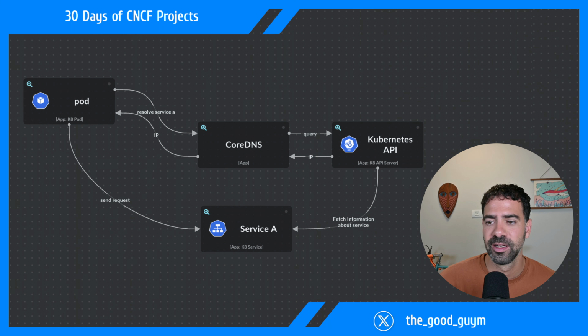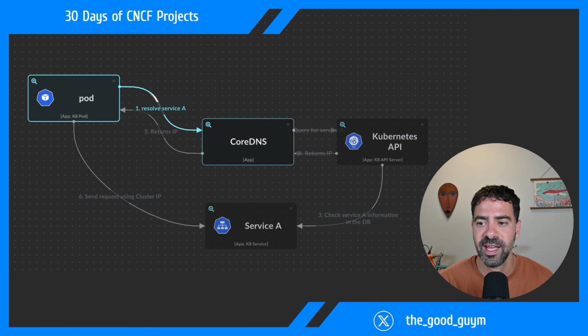Let's take it one step deeper and see how it looks in action when we have a pod that tries to send information to a service, let's say service A. On the left side, we have a pod, at the bottom we have service A, and our pod needs to understand which IP is the relevant IP for service A. So it sends a request to CoreDNS.